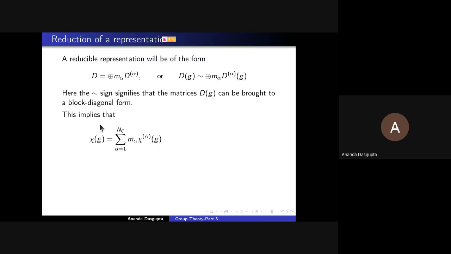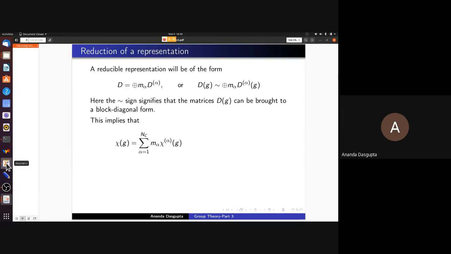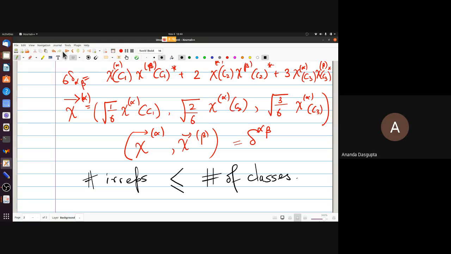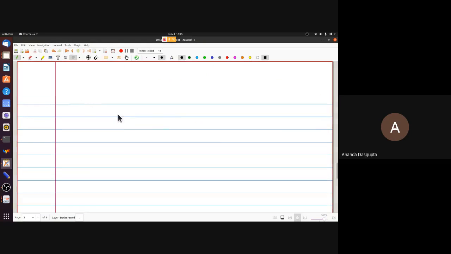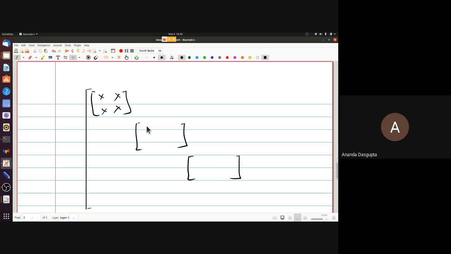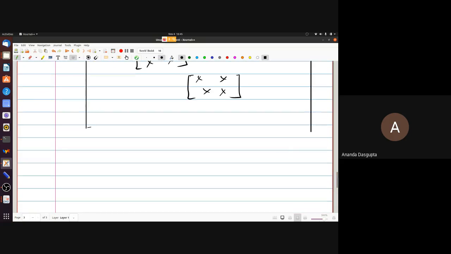Maybe I will just remind you of the picture that we had. Say I have a 2-dimensional irrep, and 3 copies of that are sitting on the diagonal of my representation, and maybe I have another 4-dimensional irrep for the group, and only 1 copy of that is sitting along the last block of the diagonal.